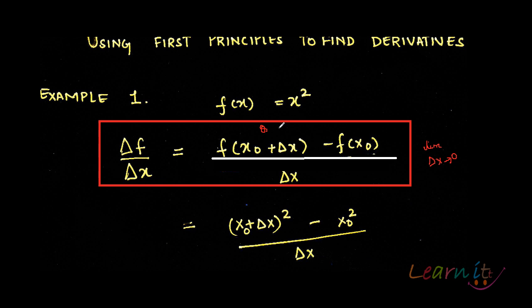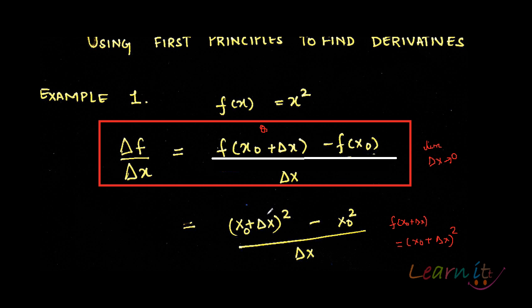Now just putting in our values: x square is our function, so my new function becomes x naught plus change in x whole square, because my new point is x naught plus change in x. So f(x naught plus change in x) equals x naught plus change in x whole square, minus x naught square, upon change in x.